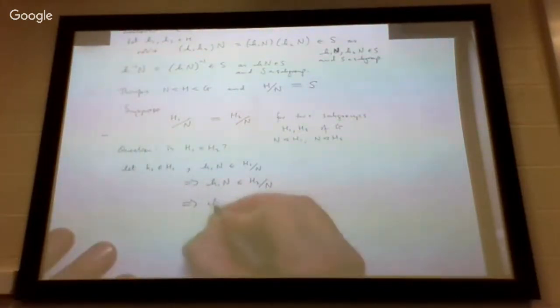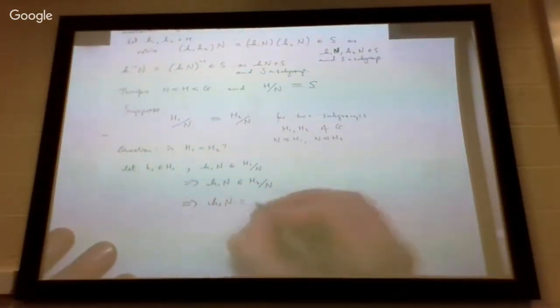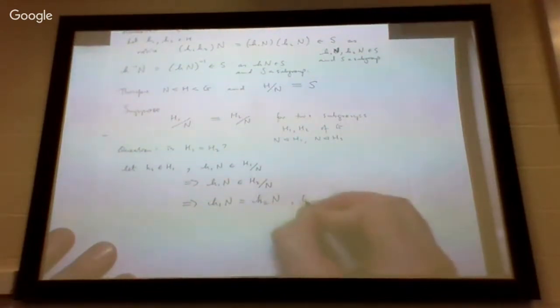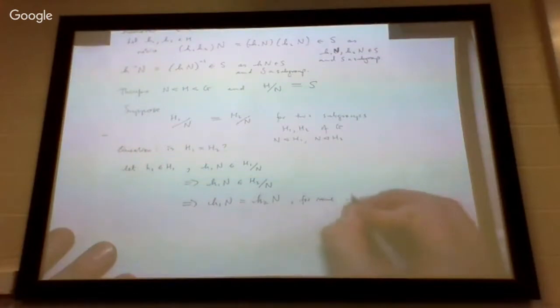That means h1N is equal to h2N for some h2 from H2.